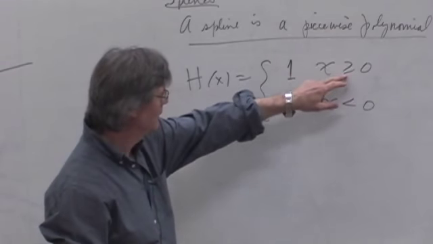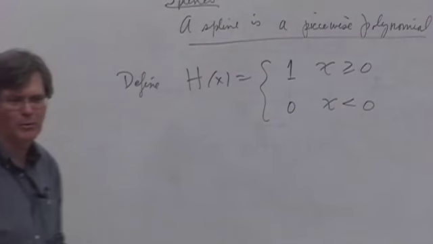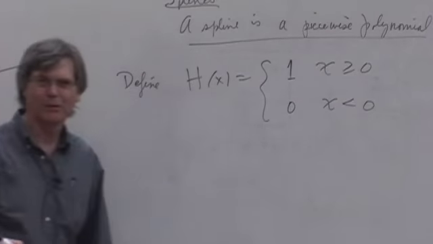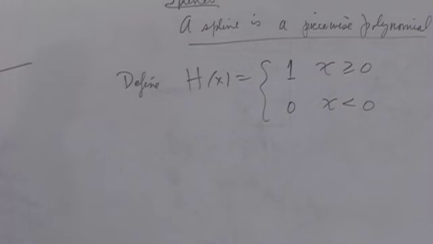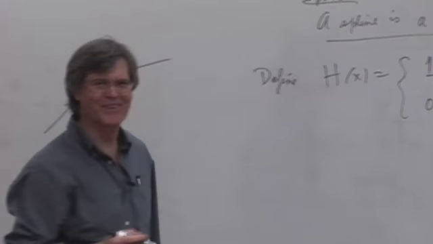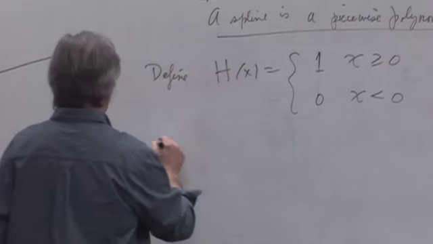He changes the strict inequality and the non-strict inequality. I always use the one that's right continuous because that's the way we do it in probability, which is closely linked to statistics, so we better do it this way. I don't know why he does it the other way. Okay, H of x is this way, and so let's define a function.